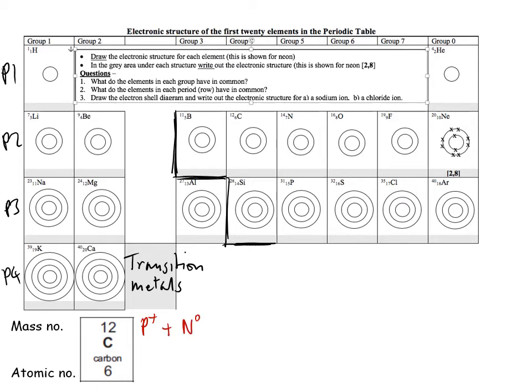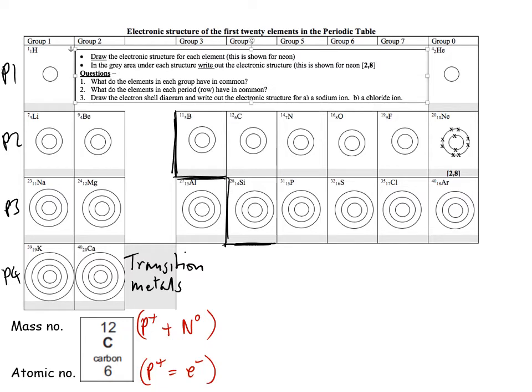I've put the charges above there to help you. And atomic number, which is also called the proton number, tells us the number of protons, hence its name, which is also equal to the number of electrons because atoms are neutral. So you have to have the same number of positives as you do negatives.